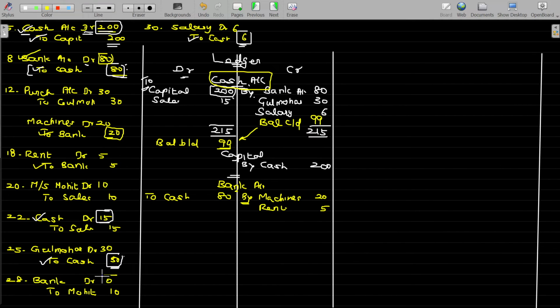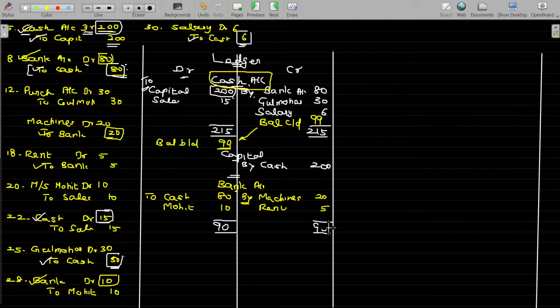Here is one more bank entry on the 28th, 10, which I have to introduce also. So that's all. Now I'm going to close this and tally this. On tallying, the highest value should be posted on both sides. The debit side has 80 plus 10, 90. The credit side has 20 plus 5, 25. The highest value being 90 should be posted on both sides.